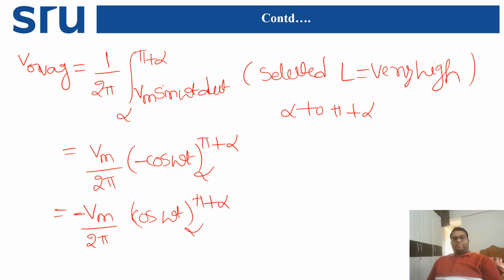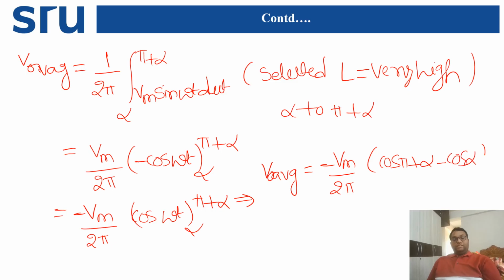Then V naught average is equal to minus Vm by 2 pi times cos of pi plus alpha minus cos alpha. Cos of 180 plus theta, how can we write it? Minus cos theta, right? Then minus Vm by 2 pi times minus cos alpha minus cos alpha.